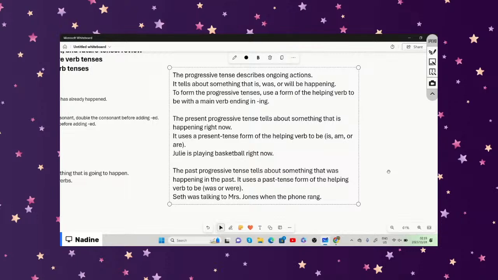So the present progressive tense tells us about something that is happening right now, in the present, and it uses a present tense form of the helping verb to be, which is either is, am, or are.